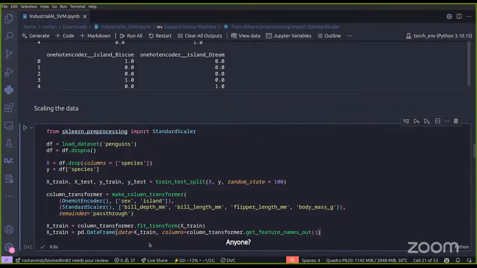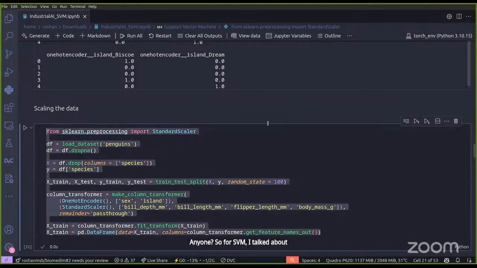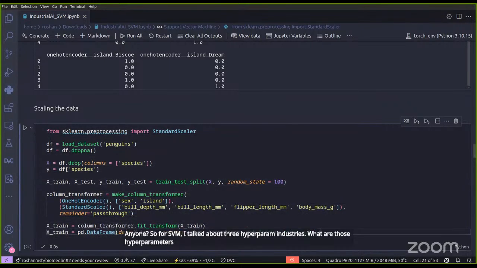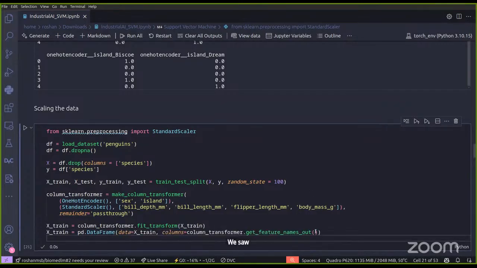So for SVM, I talked about three hyperparameters. What are those hyperparameters? We saw the influence of one hyperparameter already in this tutorial. What specific thing did we change in the SVC class? Kernel.